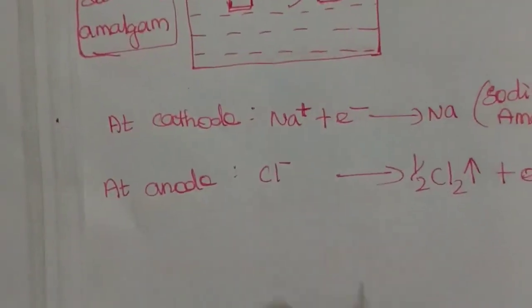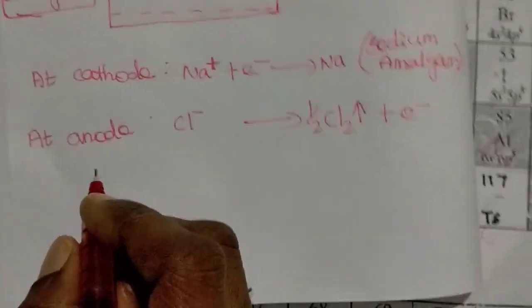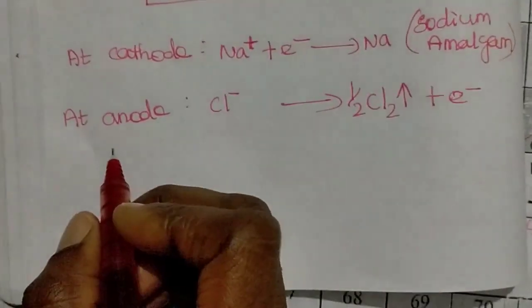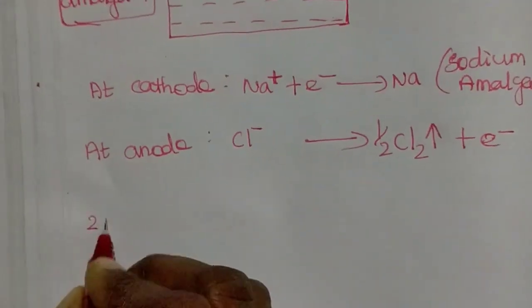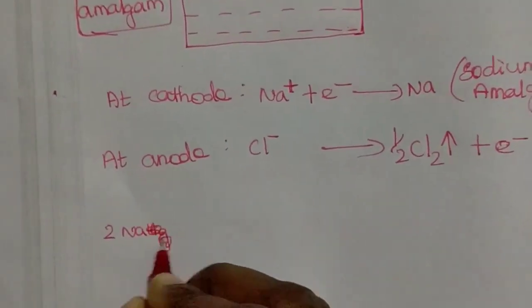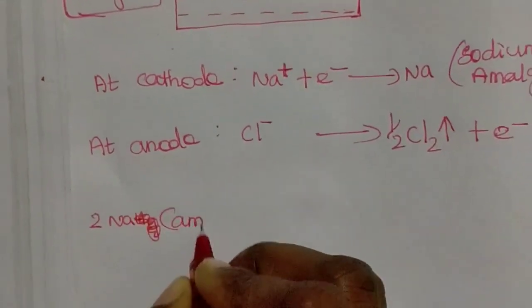So the overall reaction in this electrolysis of brine solution, or Castner-Kellner reaction, is sodium, which we can denote here as Hg, or in brackets as amalgam.